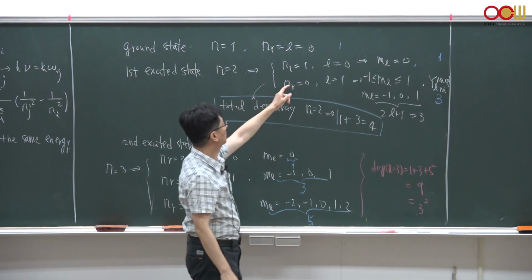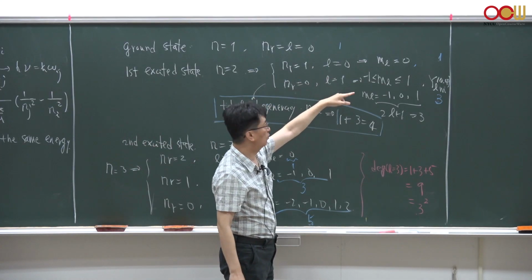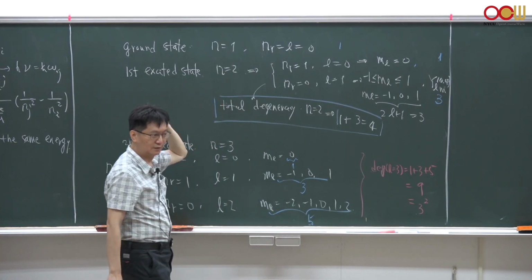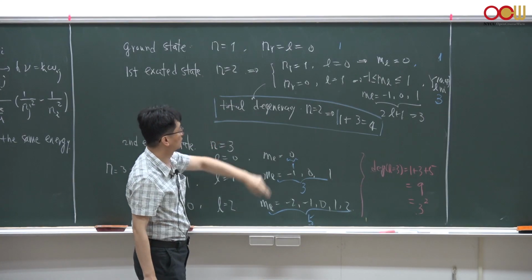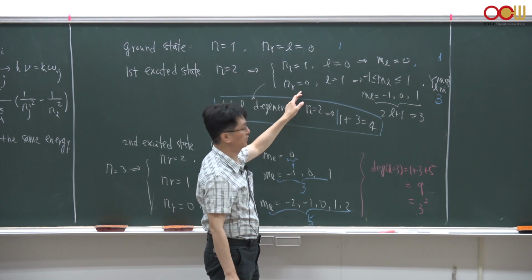Okay, because nr plus L plus 1 is the same number, 2, right? 1 plus 0 is the same as 0 plus 1.